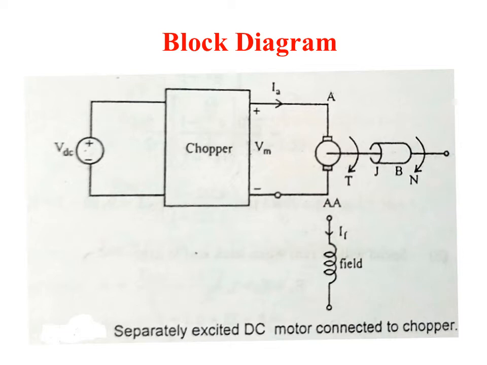Now the field is separately indicated and it is excited by a separate DC source. That is the reason why it is named a separately excited DC motor. So this is the basic block diagram of separately excited DC motor connected to a chopper circuit.